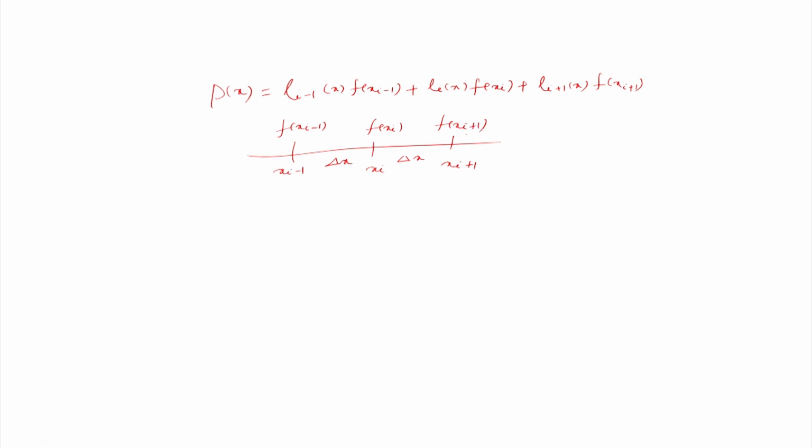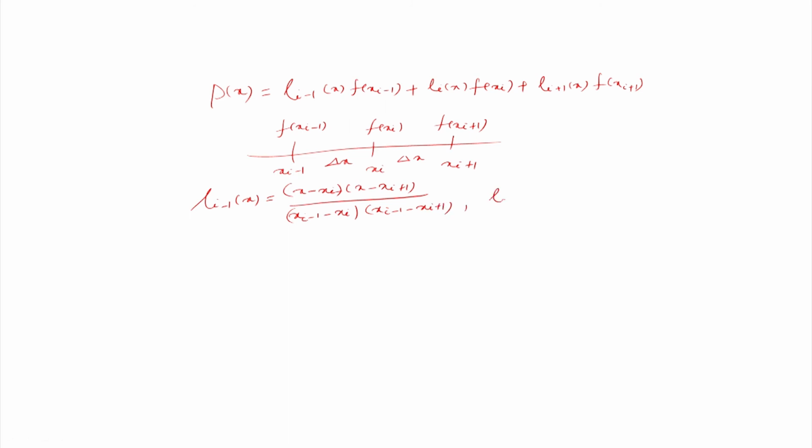Li minus 1 of x can be written as x minus xi, x minus xi plus 1 divided by xi minus 1 minus xi, xi minus 1 minus xi plus 1.